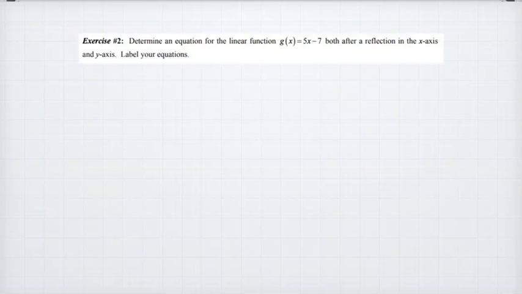So let's look at an equation for this g of x after reflection in the x and y axis. I want to do two reflections. I'm going to call my new equation h of x, and h of x is going to equal negative g of negative x. Two reflections, one on the inside, one on the outside. So what does that look like? I'm going to have a negative entire function.